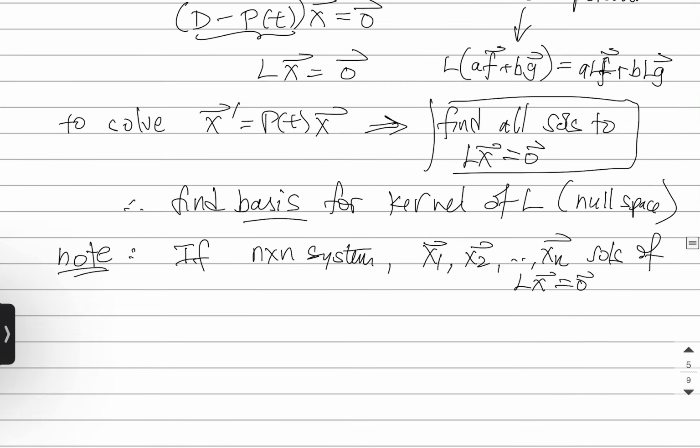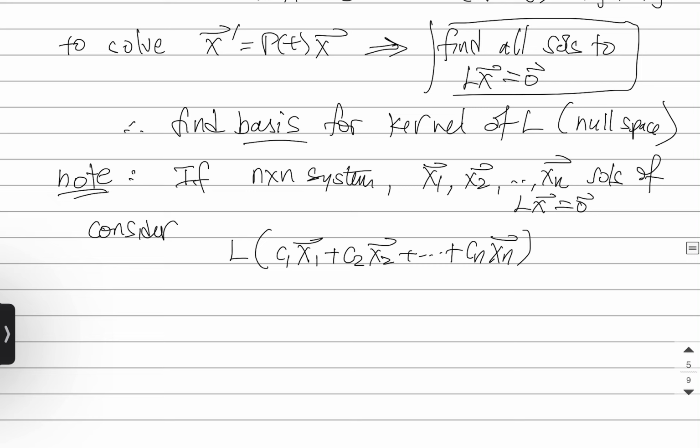What I'm going to do is consider this. Okay, well, let's take a linear combination of those solutions. C1 x1, C2 x2, all the way down to Cn xn. That's a linear combination of solutions.